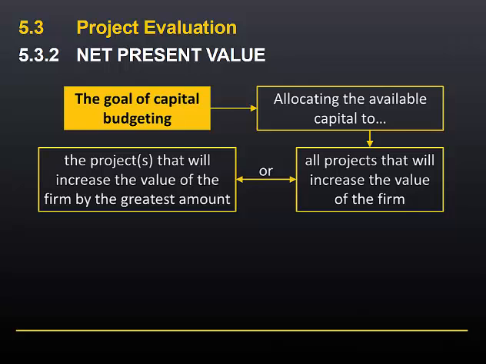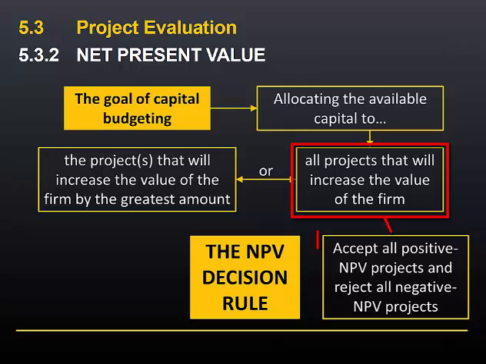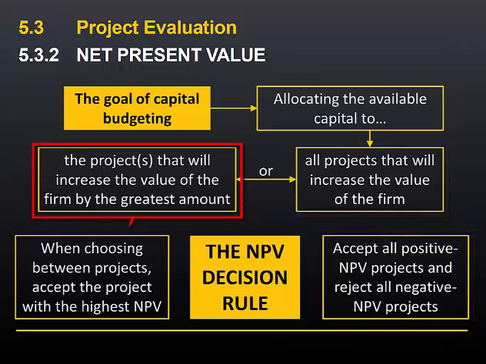These twin goals give rise to the NPV decision rule, which is just restating the goals of capital budgeting in terms of NPV. The NPV decision rule says that we should accept all positive NPV projects and reject negative NPV projects, or, when choosing between projects, accept the project with the highest NPV.